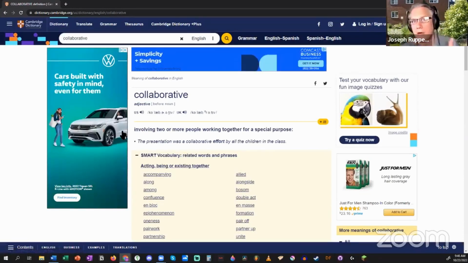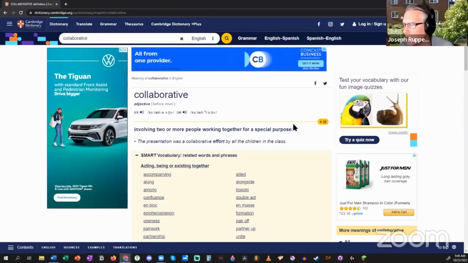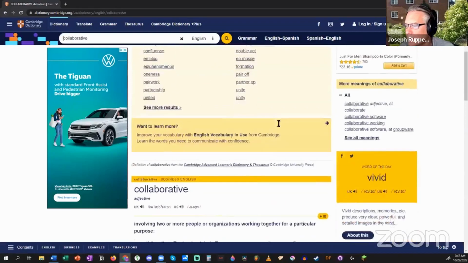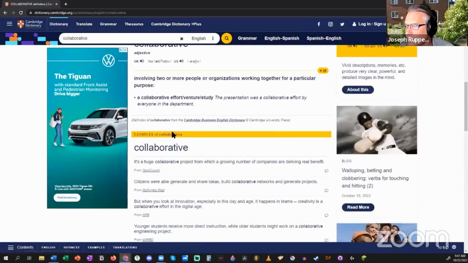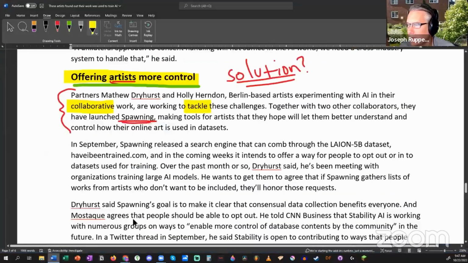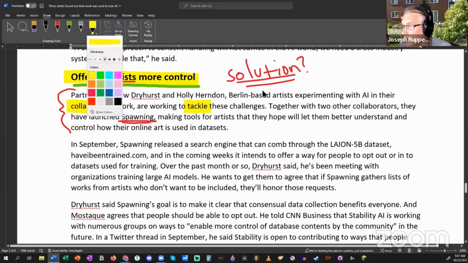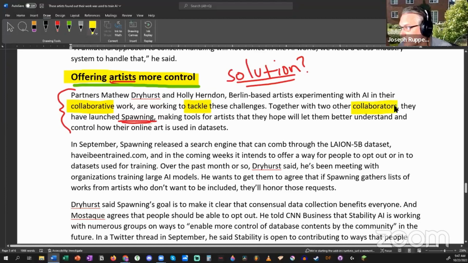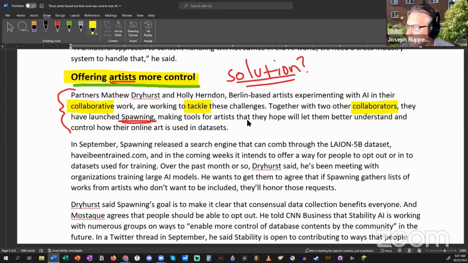So here we're looking at art, right? We have two people making art, and they're using the AI as well. So we could even say collaborating with AI. Same thing, involving two or more people or organizations working together for a particular purpose. All right, great. That is collaborative, same word here, collaborators for the person. A collaborator is the person.